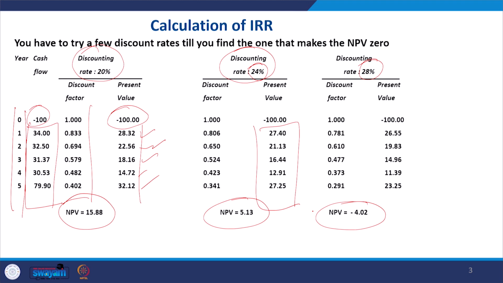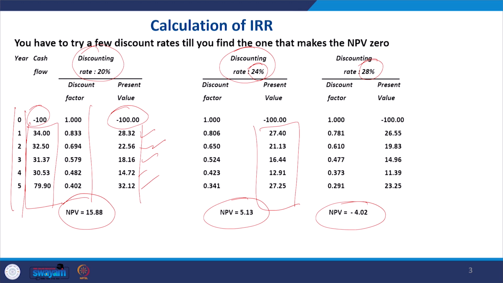It becomes minus 4.02. Now it's a clear indication that the expected rate of return from this investment proposal is certainly more than 24%, but less than 28%. It means the expected rate of return from this investment proposal lies somewhere between 24 and 28%, right?